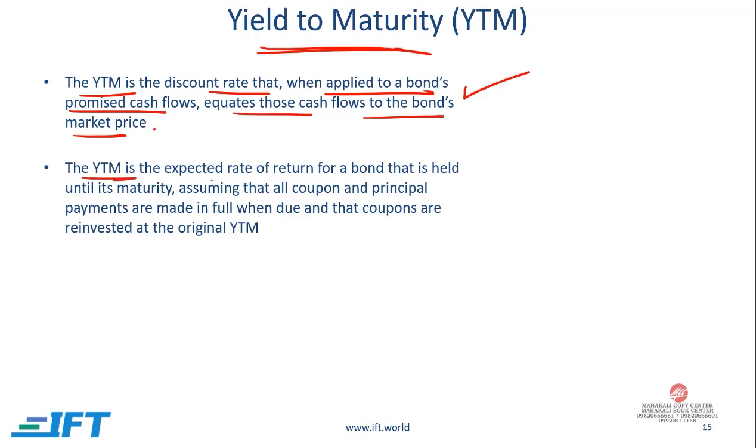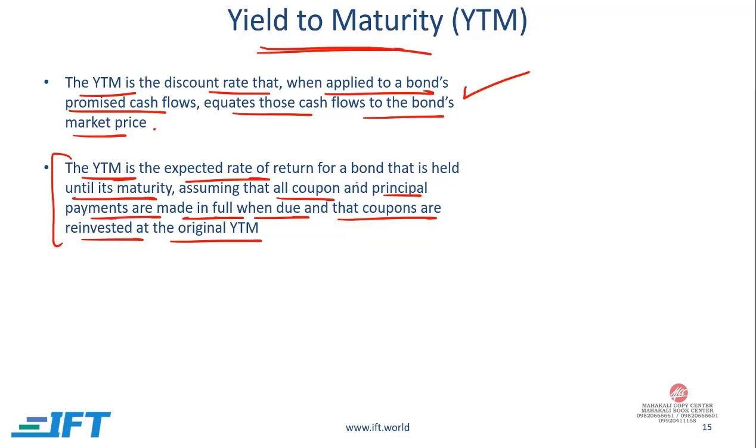The YTM is the expected rate of return for a bond that is held until its maturity, assuming that all coupon and principal payments are made in full when due and that coupons are reinvested at the original YTM. So there are multiple points being made here, and all these points are important.